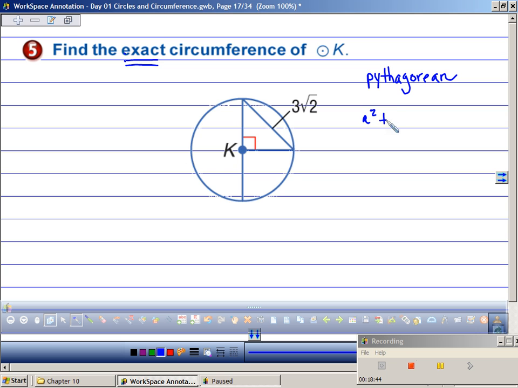So I have a squared plus b squared equals c squared. I already have my c squared, right? I just need a and b. Well, I've got two unknowns here, or do I? Do I have two unknowns? I have one unknown.